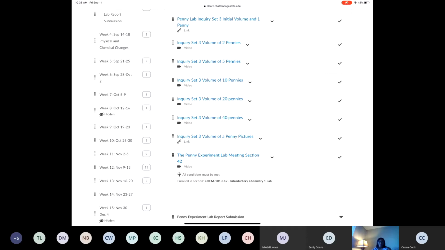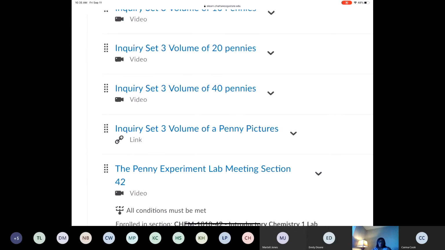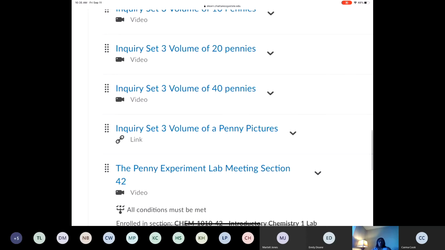And then there's also a link to a file that just has pictures that show you the volume level of water in the cylinder after adding 1 penny, 2 pennies, 5 pennies, 10, 20, 40, and so on and so forth.